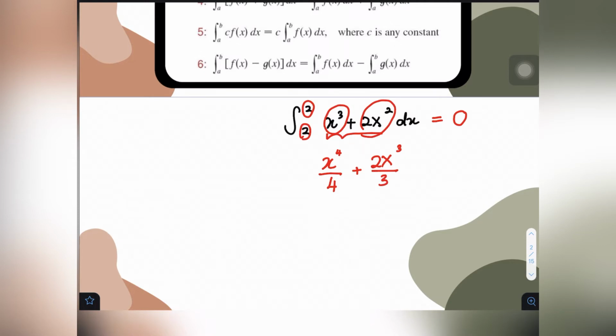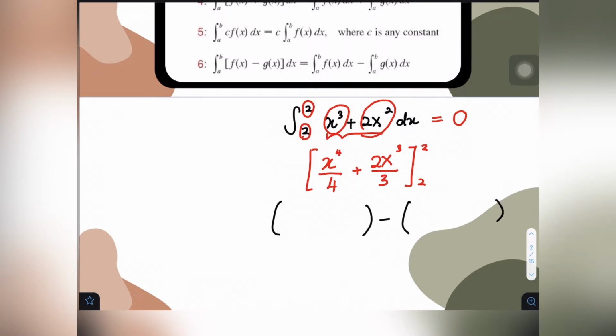Because this one is definite, there is no need for you to put plus c, but you need to put the lower limit and also the upper limit. Then we will substitute the value of the lower limit and upper limit to get the final answer. So we draw 2 brackets with a minus between them.